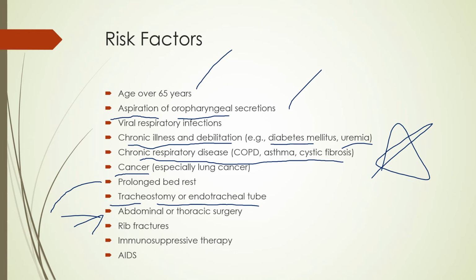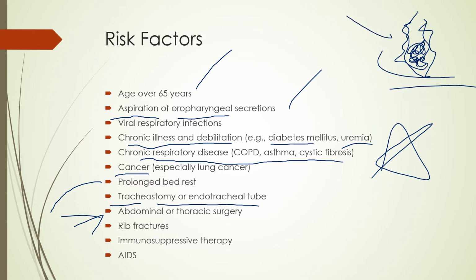They're not going to want to breathe deep. It hurts to breathe deep. And so they're going to be more at risk for that atelectasis, right? And then what happens with this bacteria that would normally get cleared? Well, now it multiplies and grows and it causes inflammation of the alveoli, which then leads to pneumonia. So now you got pneumonia.